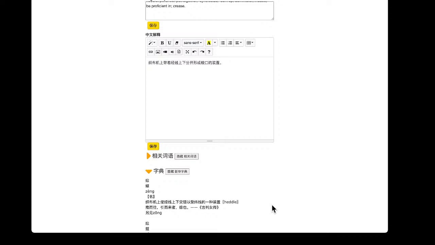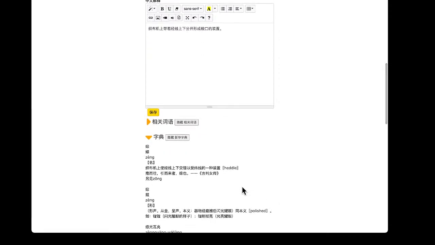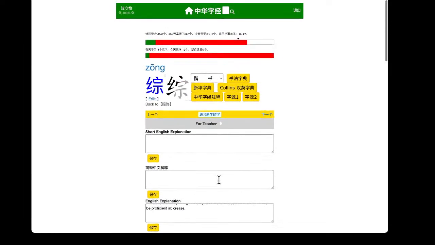The vertical strings is called 中. Okay, the vertical called 中. And so I think in English called heddle. Okay, so that's what it is.